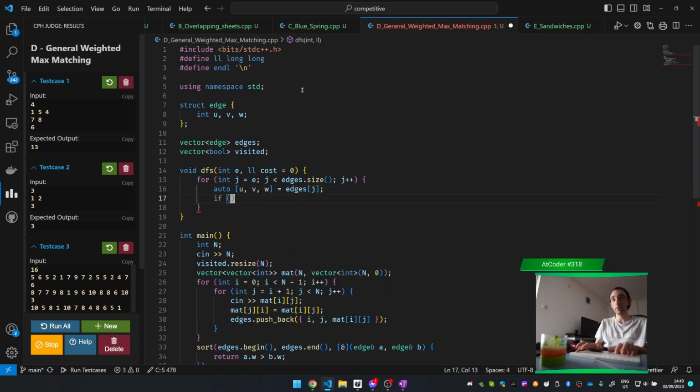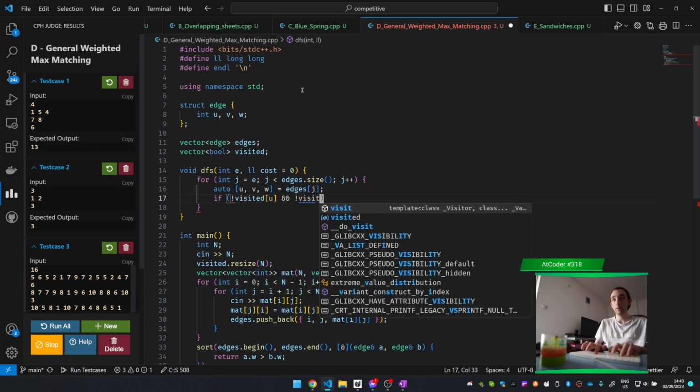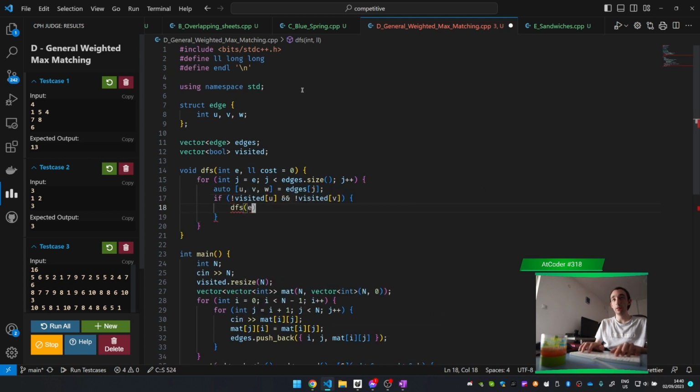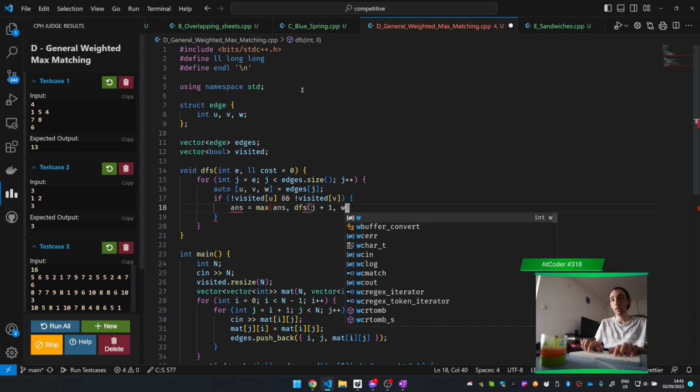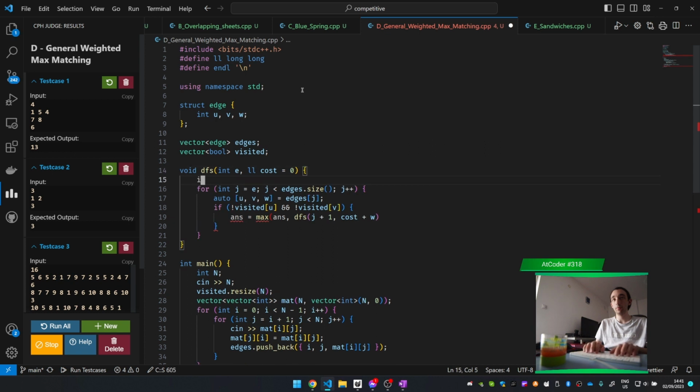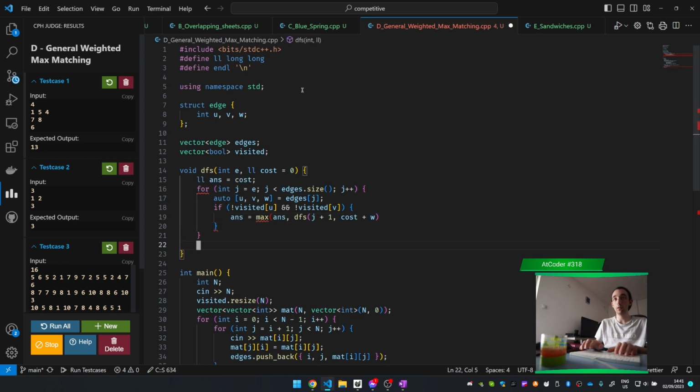If it's not visited at U, and it's not visited at V, then DFS in the next edge, then the answer is the max of the answer and the DFS in the next edge with the cost plus weight added. So the answer is the cost till here.